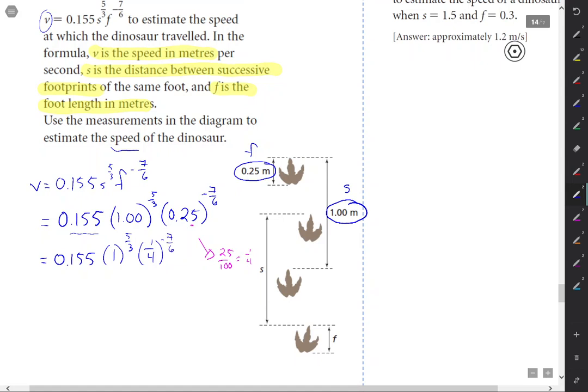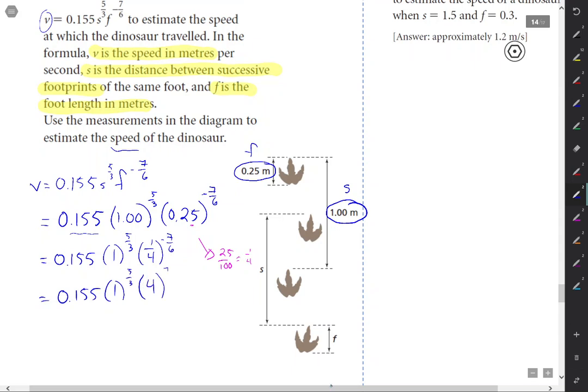So let's keep solving this. If we have a negative fractional exponent, the first step is to get rid of that negative sign, and to do that we take the reciprocal of the base. We keep everything else the same, but take the reciprocal of 1 over 4, which is 4 over 1, the same thing as 4.